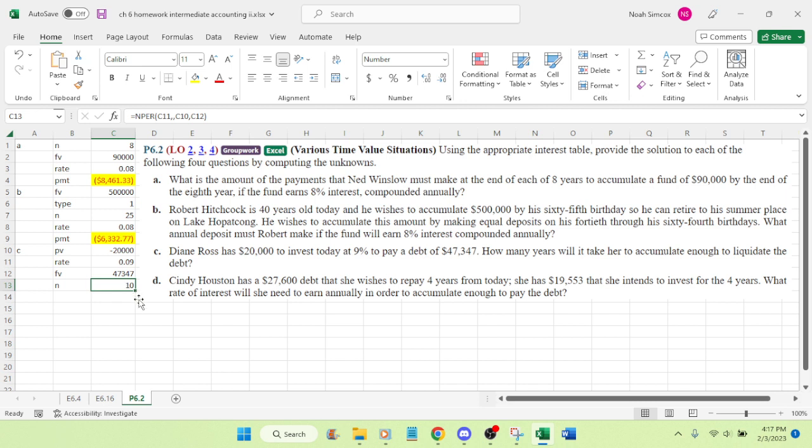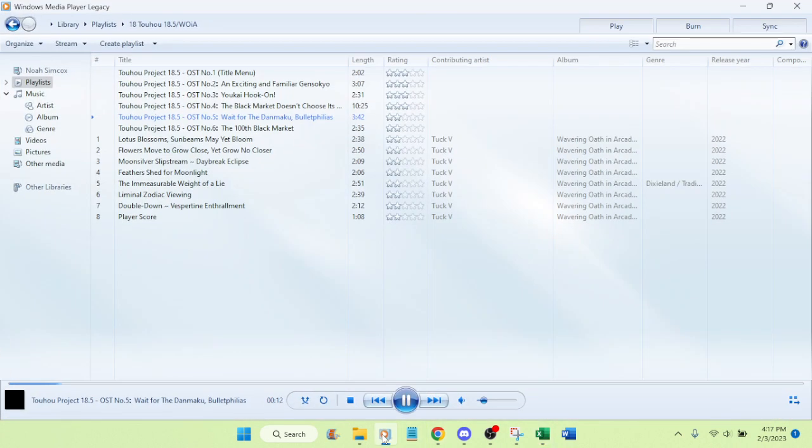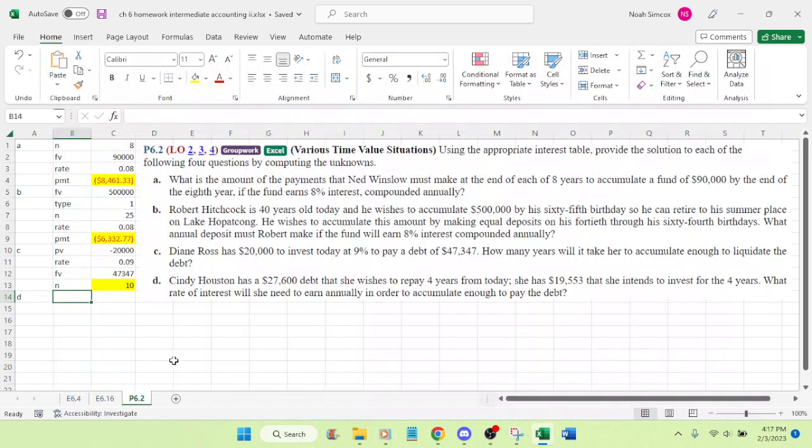Number is 10. So D. So future value 27,600.